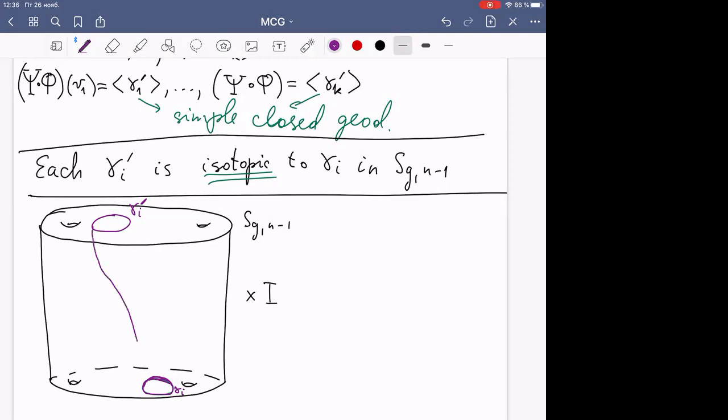An isotopy is an annulus, and an annulus here I denote by AI. AI is diffeomorphic to the cylinder, circle multiplied by the interval, and it is embedded here.